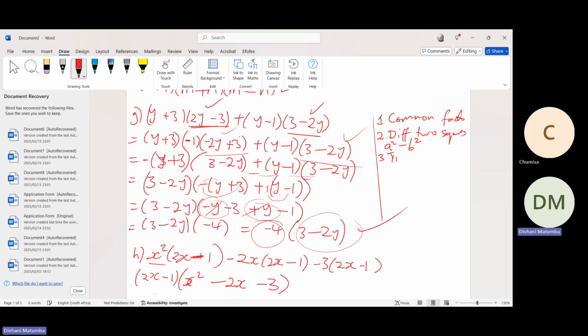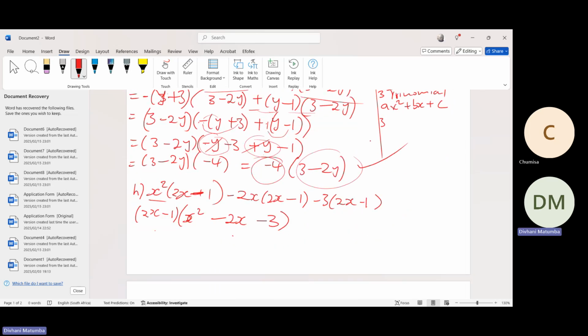Number three, we have a trinomial, ax squared plus bx plus c. Number four, we have the difference and the sum of two cubes, which is a to the power of 3 plus b to the power of 3, and a to the power of 3 minus b to the power of 3.